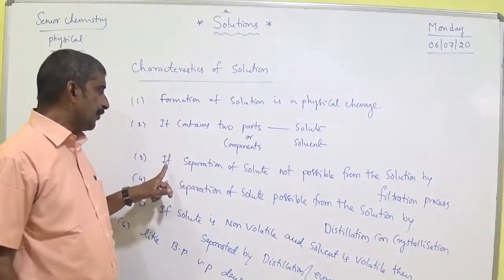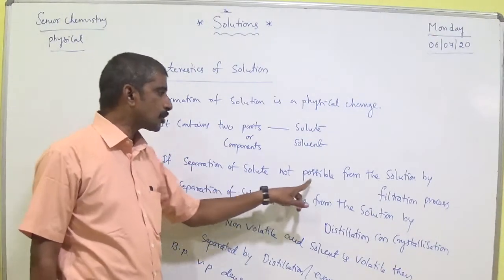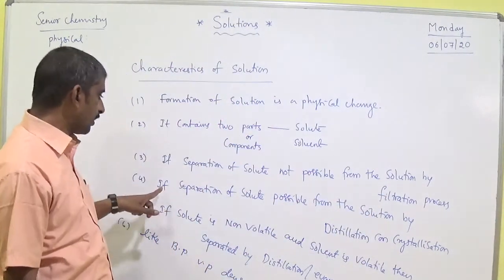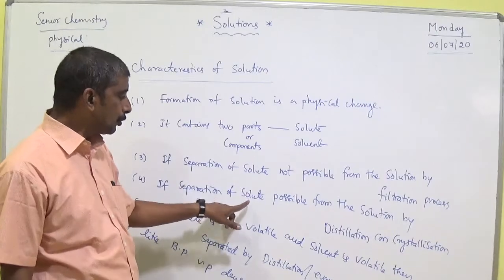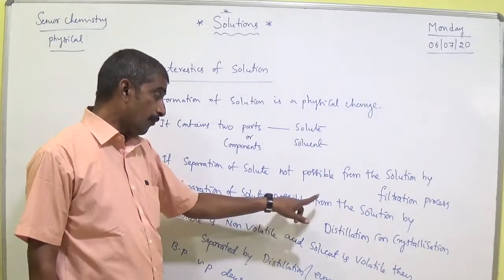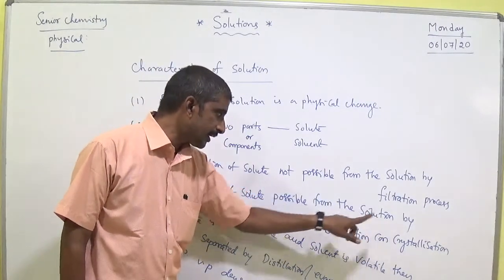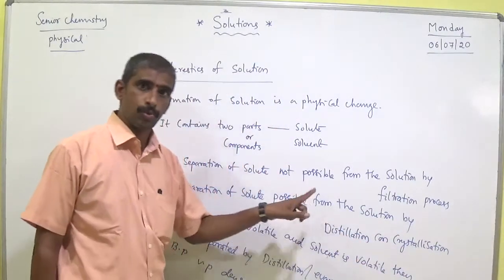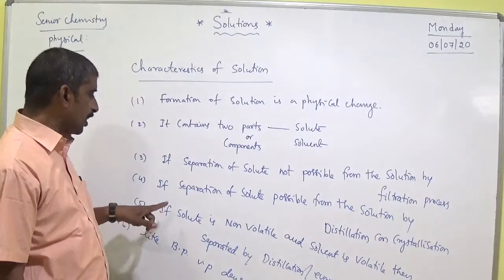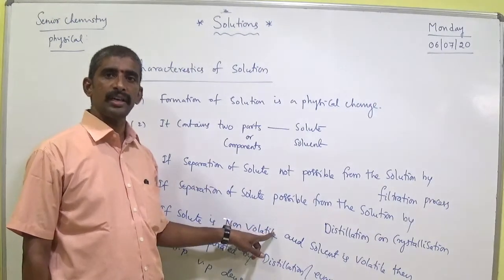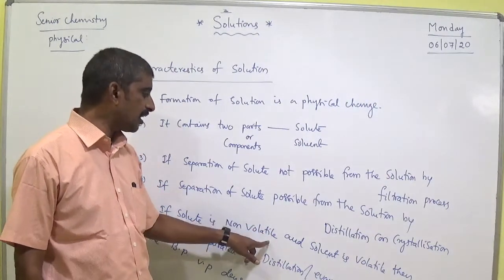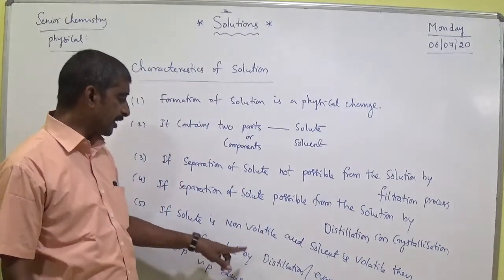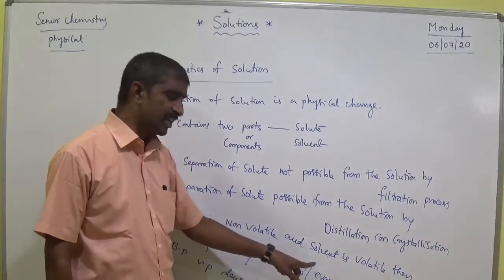Next, separation of solute is not possible from the solution by the filtration process. Next point, separation of solute is possible from the solution by distillation or crystallization process. If solute is non-volatile and the solvent is volatile, then it is separated by distillation or evaporation method.